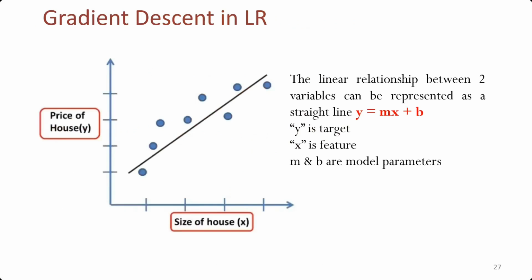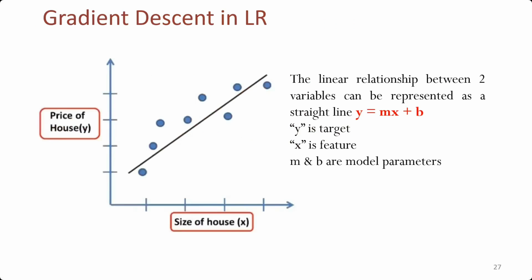Here, gradient descent is one type of optimization algorithm. Optimization means we are trying to optimize or minimize the cost function using some combination of parameters.